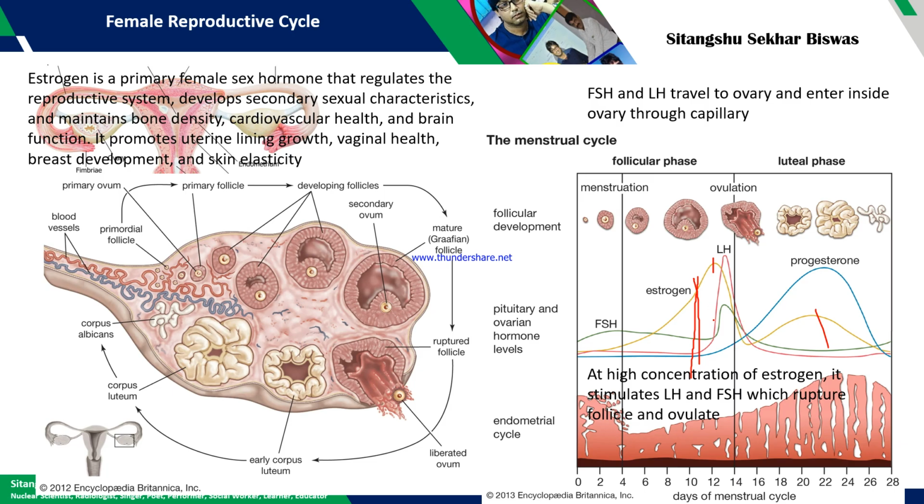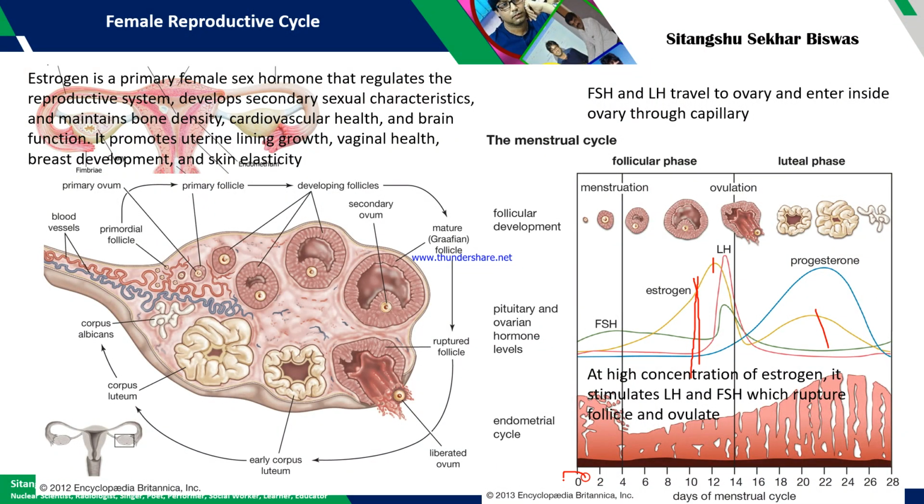Due to this surge, the matured secondary follicle will rupture and your ovum will be released. This will happen on the 14th day.